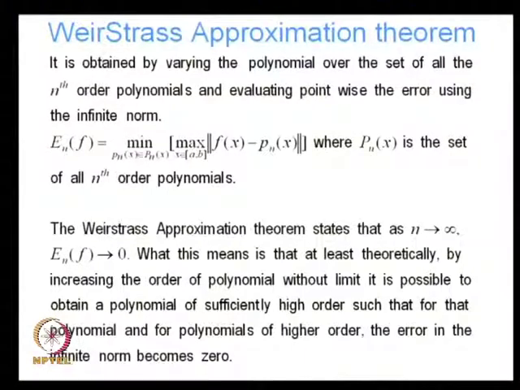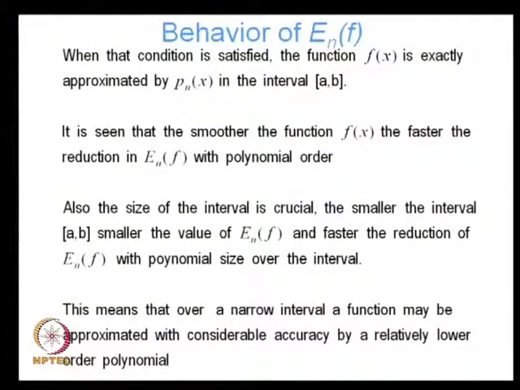That is what the Weierstrass approximation theorem states. So when that condition is satisfied, the function f(x) is exactly approximated by Pn(x) in the interval [a, b], and it has been seen that the smoother the function f, the faster the reduction in En(f) with polynomial order.